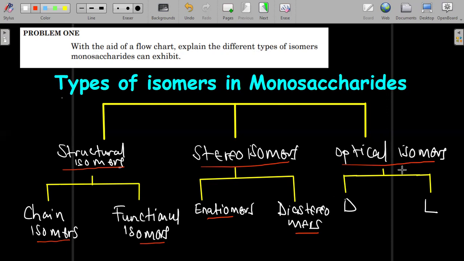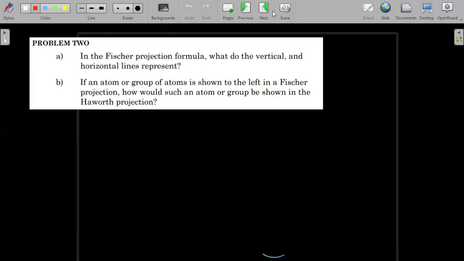So when these optical isomers rotate the polarized light to the right, we form an isomer that we call dextrorotatory, or in short form, the D isomer. And when they rotate the plane polarized light to the left, we form what we call levorotatory, or in short form, the L isomer. Okay, so these here are the main types of isomers that monosaccharides can exhibit.